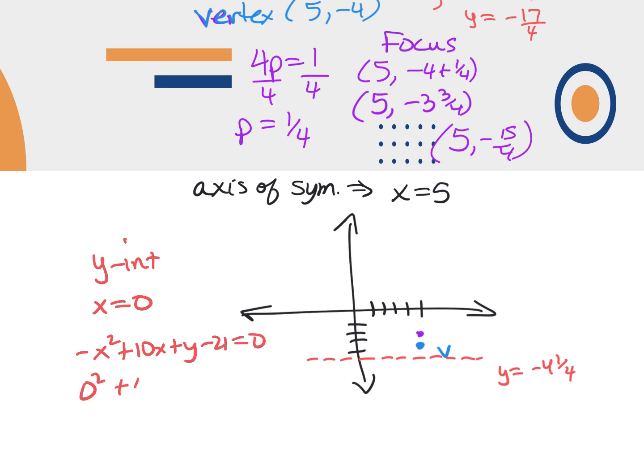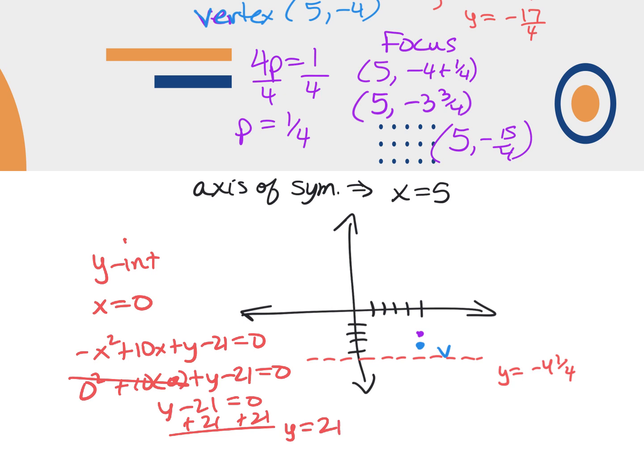So 0 squared, 10 times 0, plus y minus 21. This is all gone. y minus 21 equals 0. Add 21. And the y-intercept is at the ordered pair (0, 21). So it's actually going to be somewhere way up here.